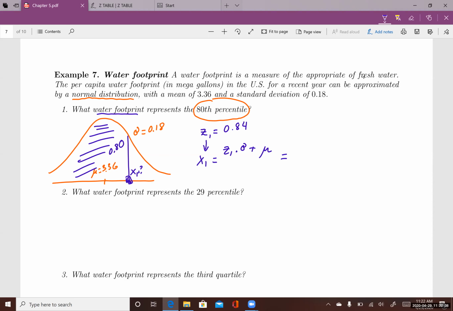And this is going to be 0.84 times 0.18 plus 3.36, and it equals 3.5112, which is the water footprint that corresponds to the 80th percentile.